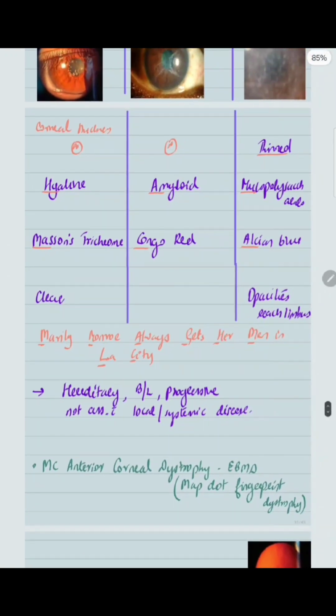That is macular, mucopolysaccharide, Alcian blue, then granular, hyaline, Masson's trichrome, and lattice, amyloid, Congo red. This mnemonic can be used to remember this.